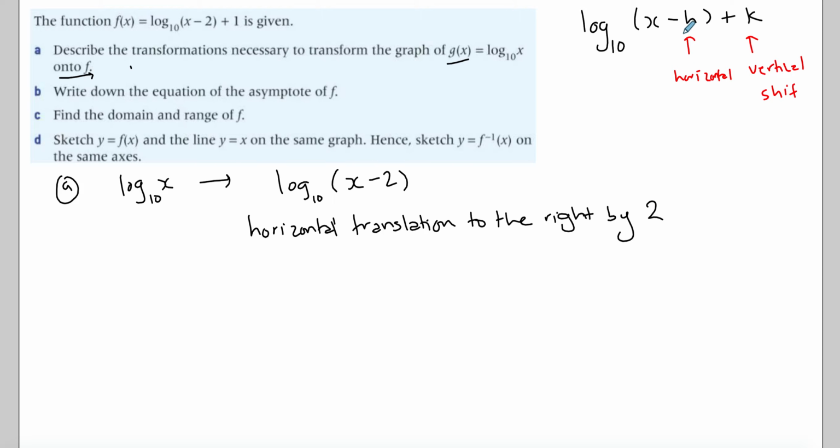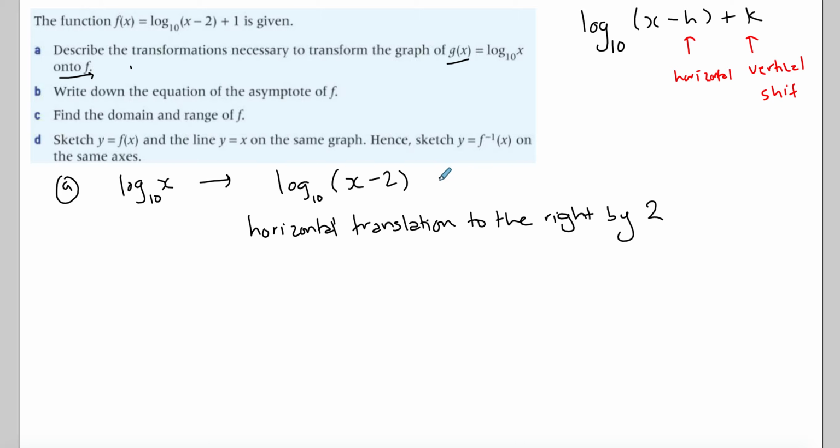So keeping in mind that whenever you have this type of transformation, you are going to move it to the opposite sign. So if it's negative h, it means you're moving it to the right by h. If it's going to be a positive number, so if this was a positive 2, then you're moving it to the left by 2. So keep in mind that the direction is the opposite.